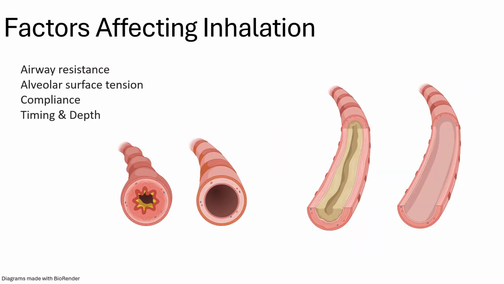At first glance, inhalation appears to be quite simply following Boyle's law. By increasing the volume in the lungs, we create a pressure gradient down which air can flow. There are a few things that can affect that process of inhalation.